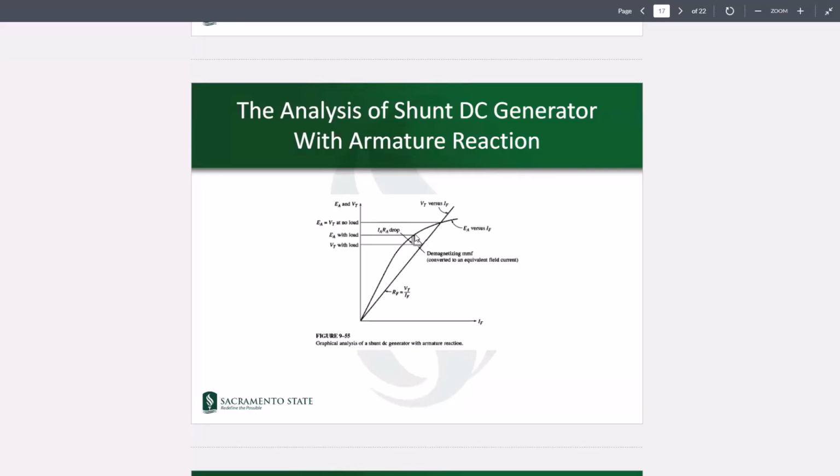Then this creates a triangle that you would need to scroll through between these two curves until one side of this triangle is on the EA curve and the other point falls on this line. That would determine your actual operation of the machine. So that's VT with load, and this is EA with load. This is the way that you would visually determine the operating conditions of the machine.